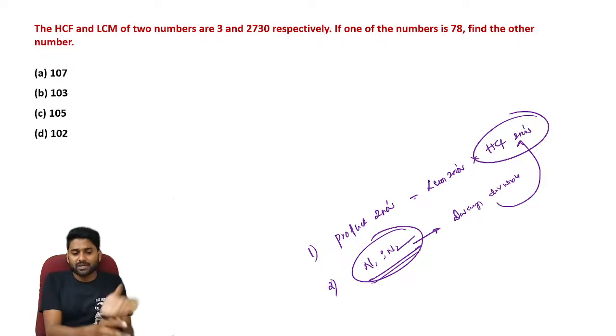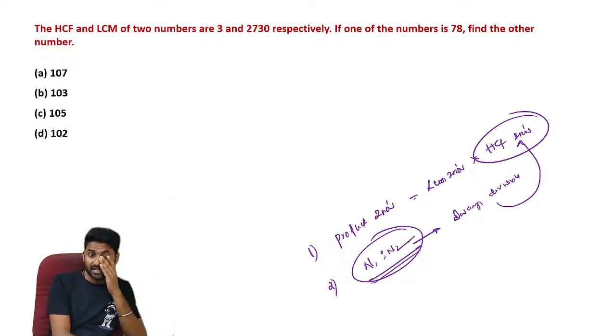So remember this theory. Now see, they clearly mention that HCF is 3, LCM is 2730. If one number is 78, find the other. Try to go for the calculation.